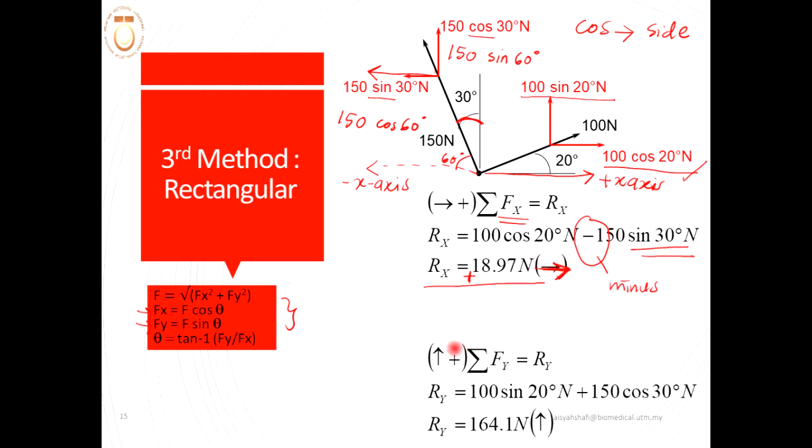Okay, for the resultant of Fy, 100 sin 20 Newton here, and this one 150 cos 30 Newton is toward up also. That's why it's also positive. So after you add, you will get the positive direction, so it's toward up.